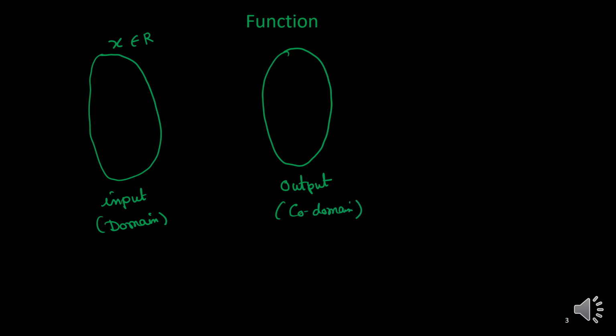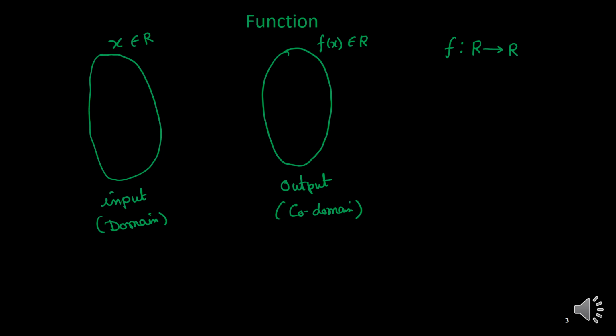Here these f of x values are again real. That is why it is written as f colon R to R.